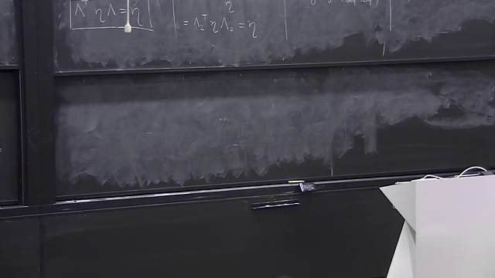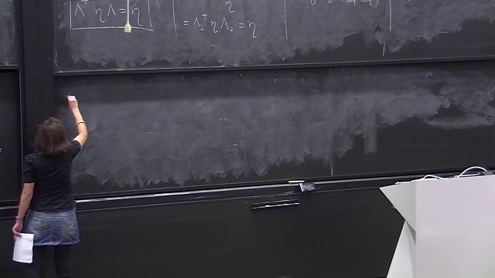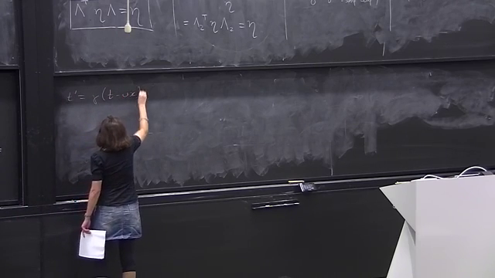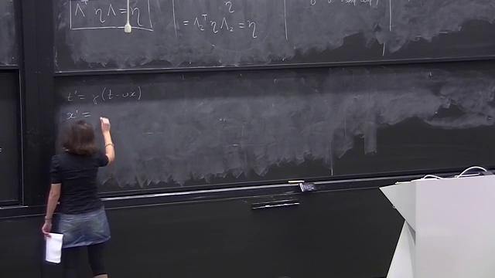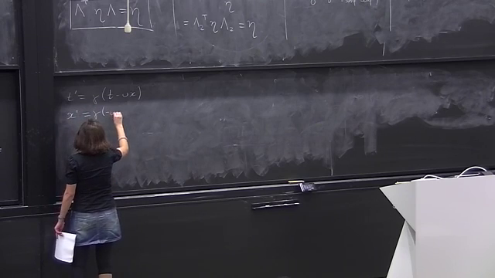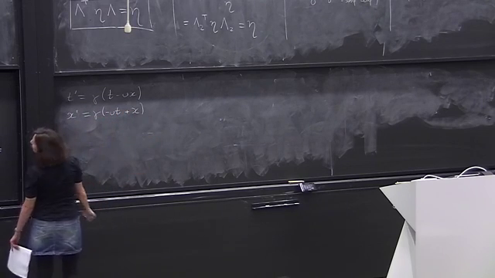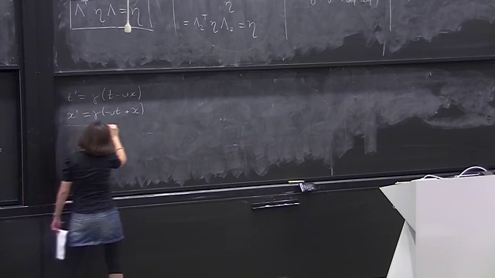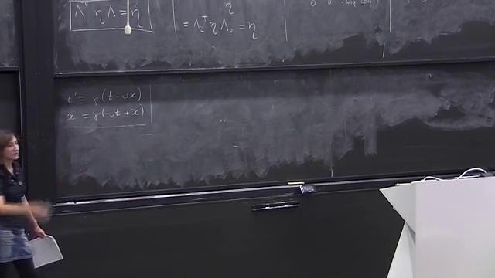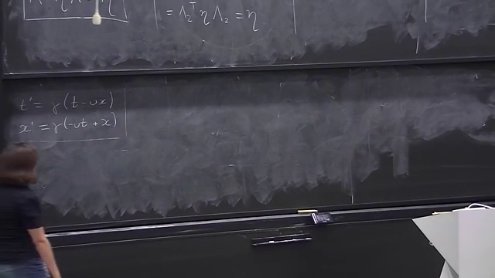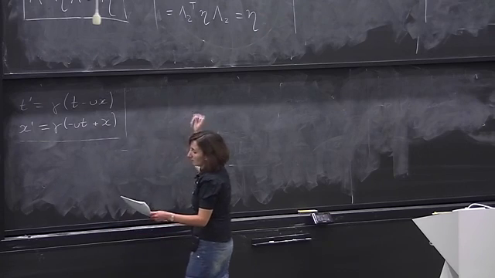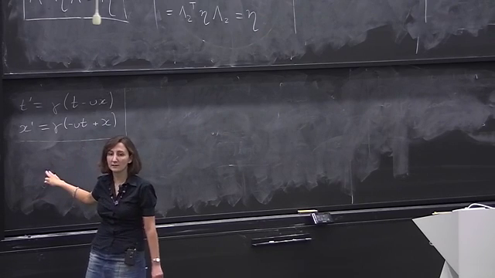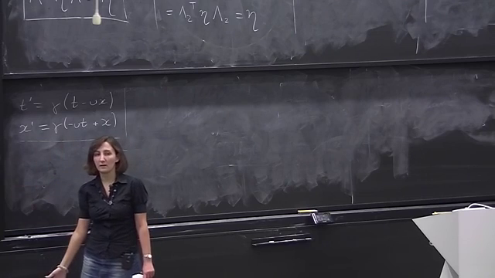And well, using those relations, t prime equals gamma times (t minus vx), and x prime equals gamma times (x minus vt), you can get all sorts of famous results in special relativity, such as time dilation or length contraction, and you can easily check that events that happen simultaneously in one frame do not happen simultaneously in another frame.